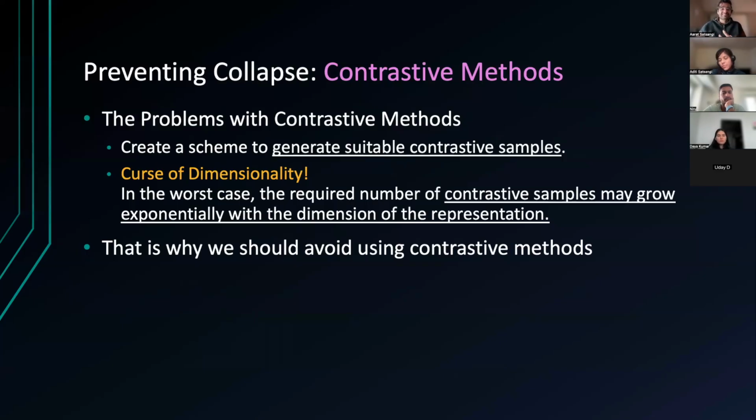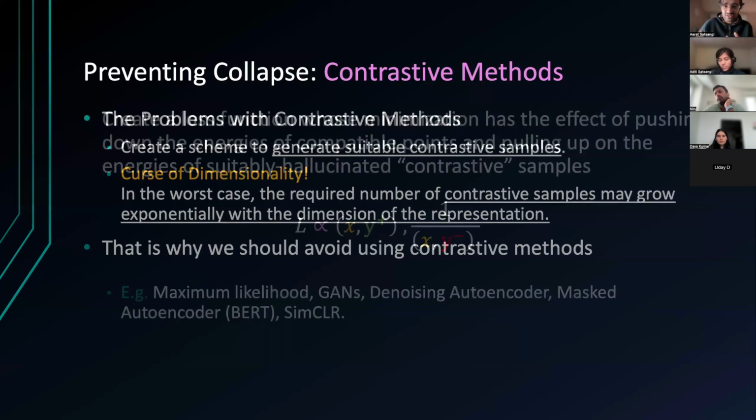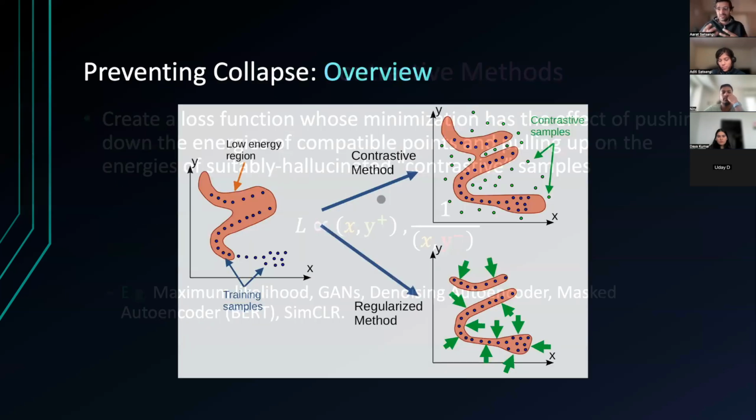The other thing, the main part of the contrastive method, is that there is a curse of dimensionality. In the worst case, the required number of contrastive samples may grow exponentially with the dimension of the representation. Let's see this image again.